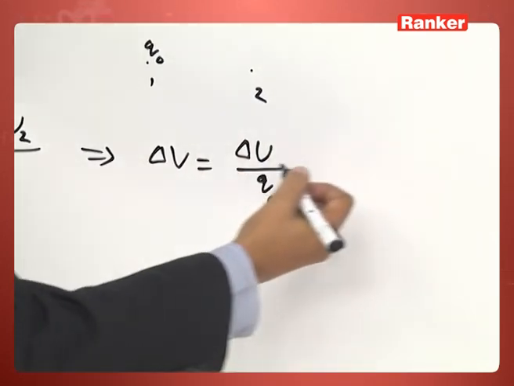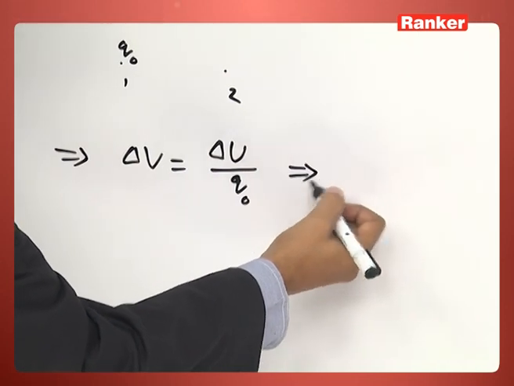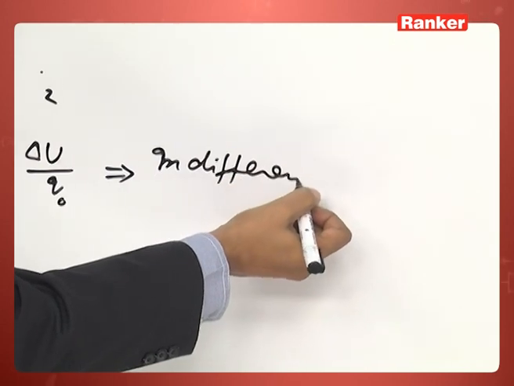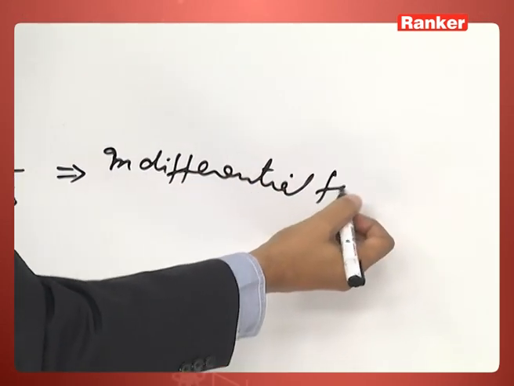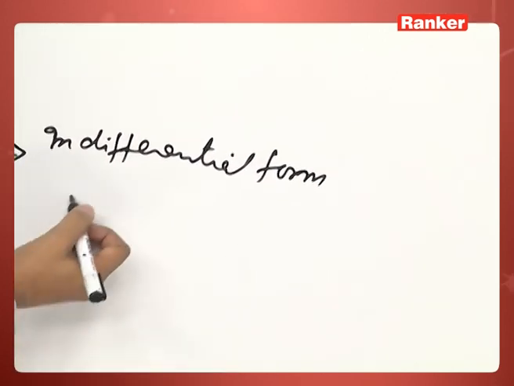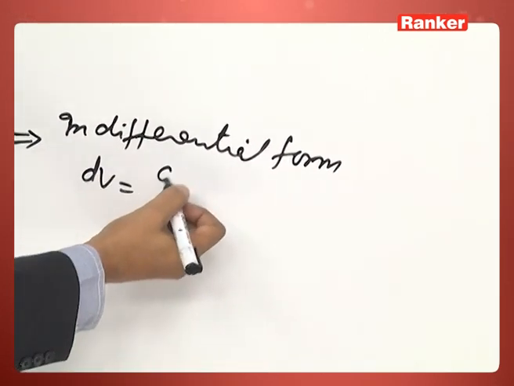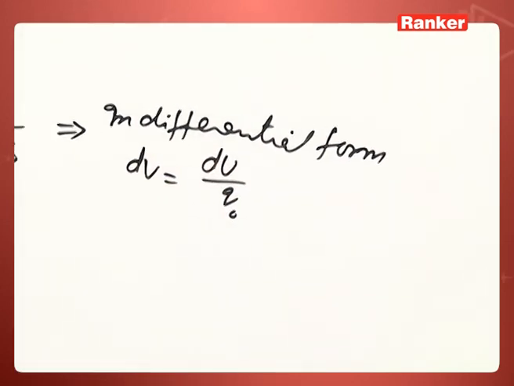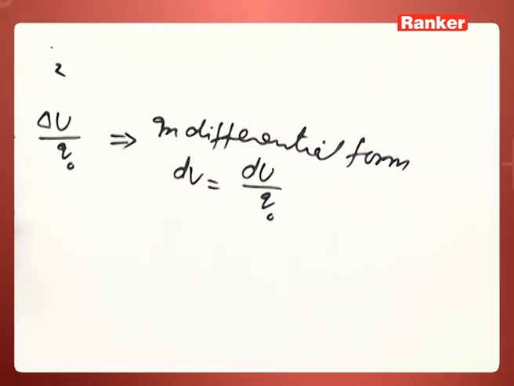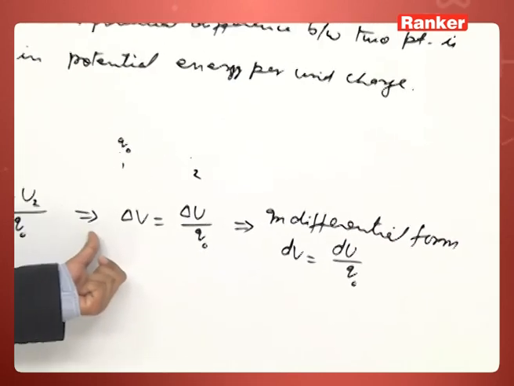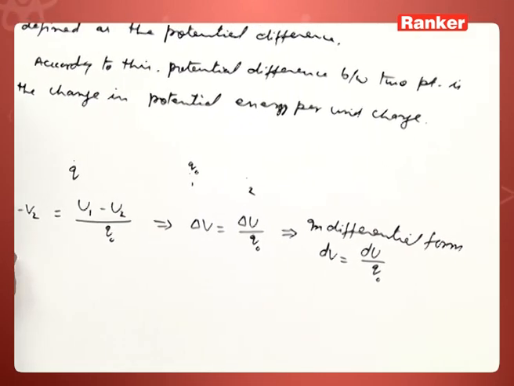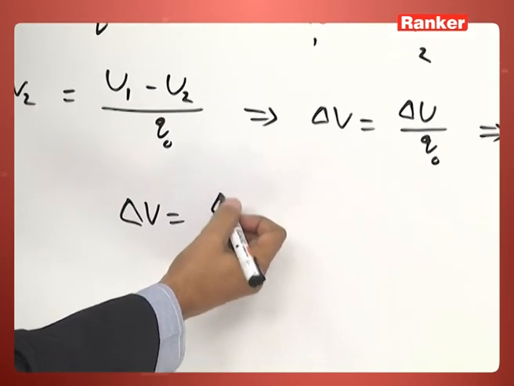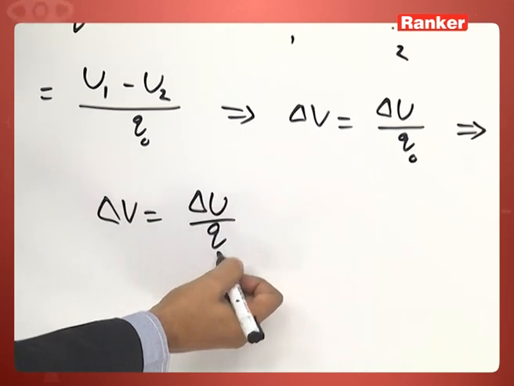In differential form, we can write dV is equal to dU by q naught. So this is the fundamental relation for potential difference and potential energy. So the main point here, we can write delta V is delta U by q naught.